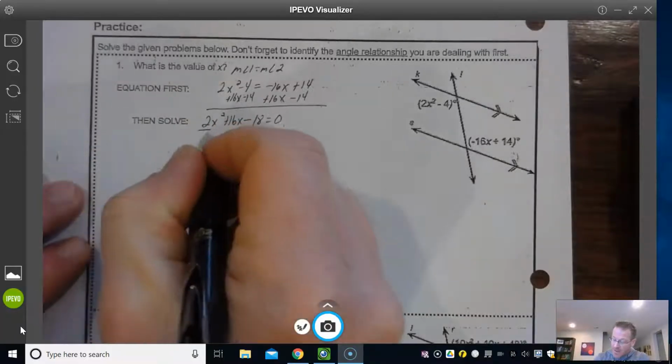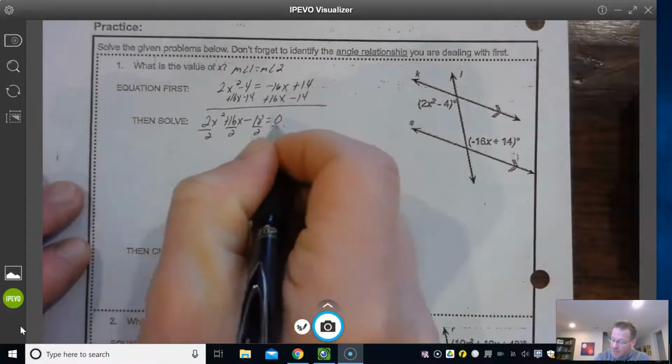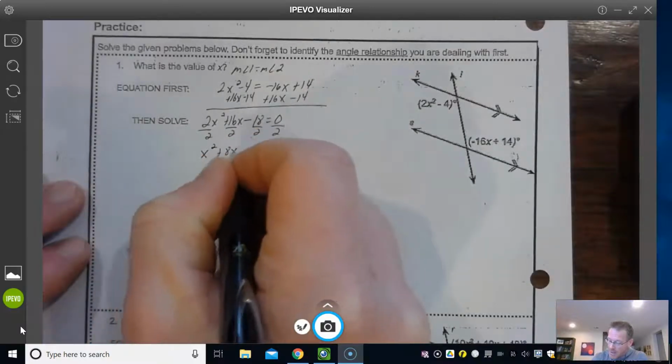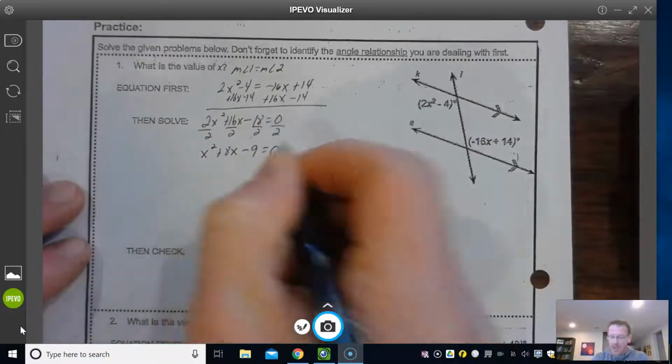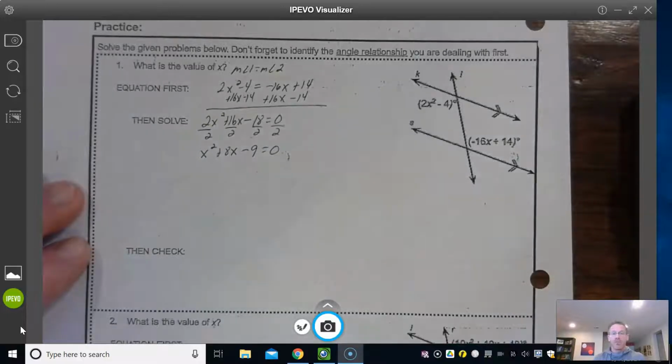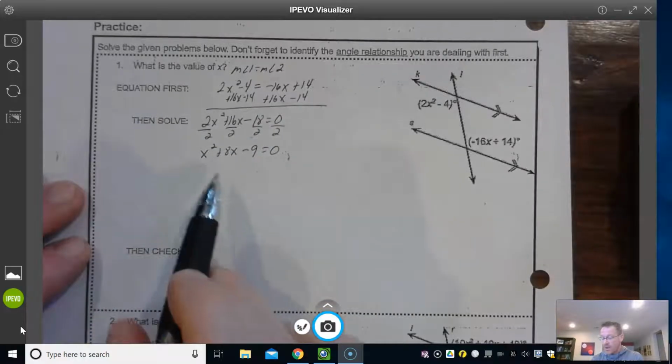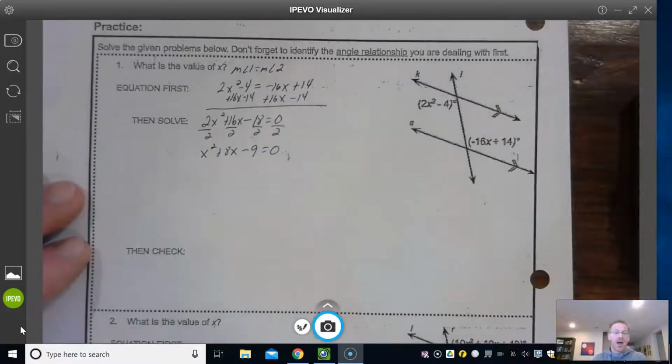So I can divide everything by 2, and that's okay. So I get x squared plus 8x minus 9 is equal to 0. If you have a common factor to all of your terms, you can divide by that number. And notice now that makes this a much different looking quadratic, and it might be much simpler and quicker to factor.